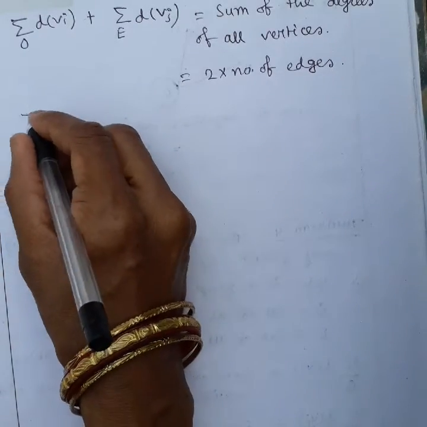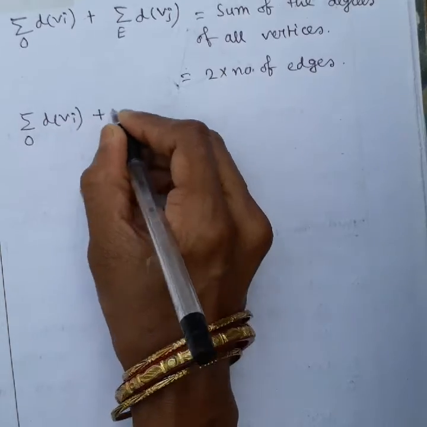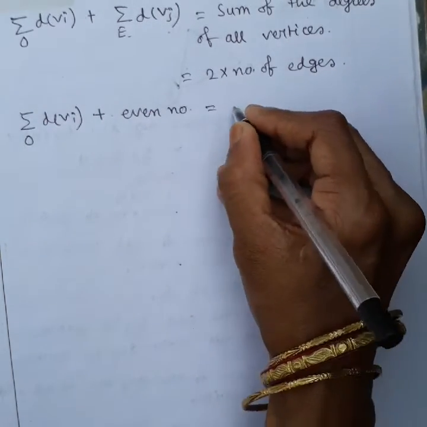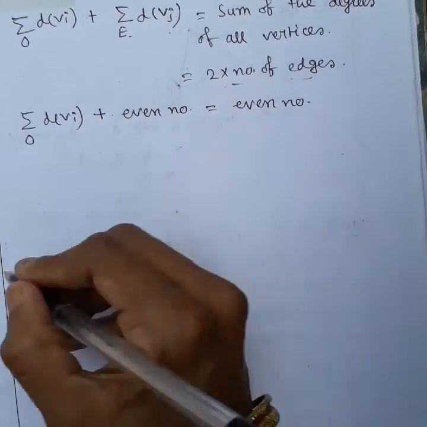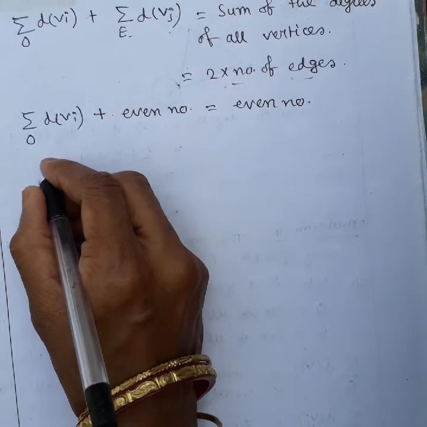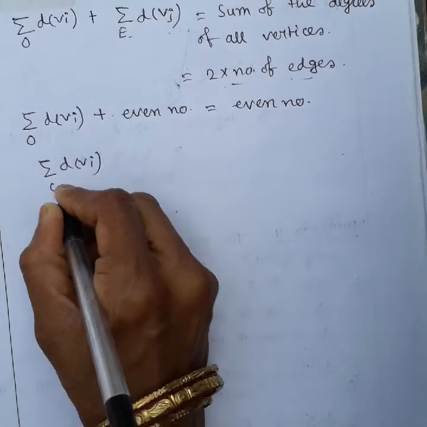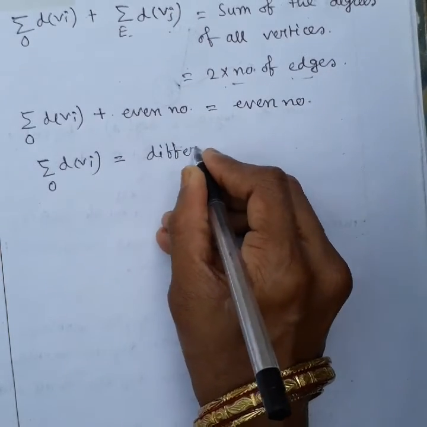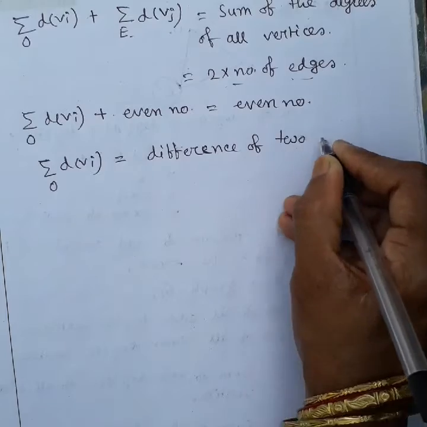That means the sum of odd degree vertices plus this even number is equal to this even number, as it is multiplied by 2. That means the sum of odd degree vertices is equal to the difference of two even numbers.